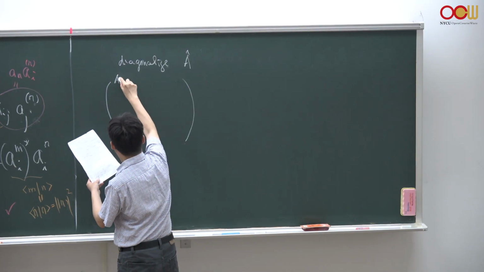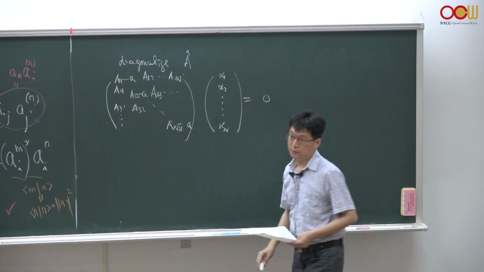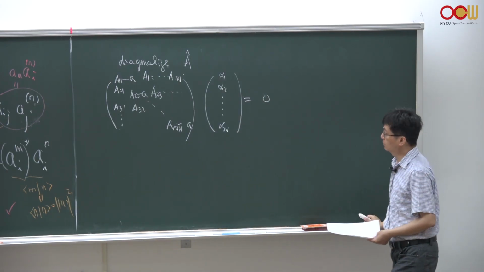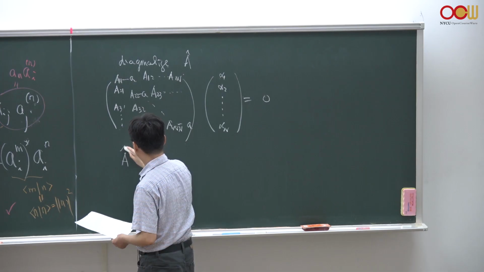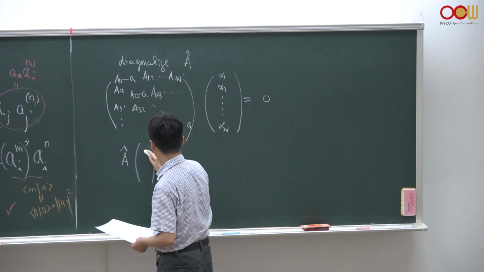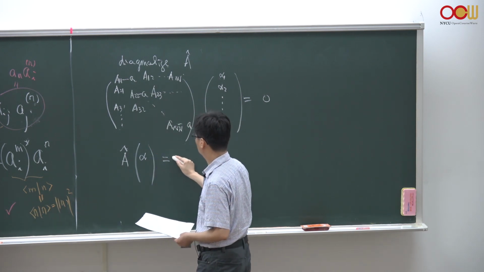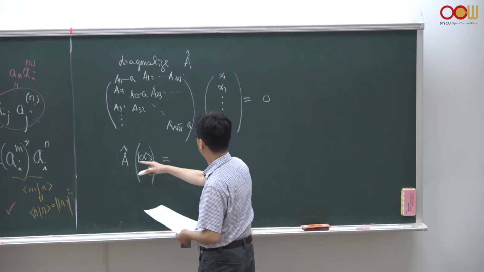Suppose this is a big matrix. We would like to solve this eigenvalue equation, namely the operator in the matrix form acting on this eigenket alpha gives the same alpha.